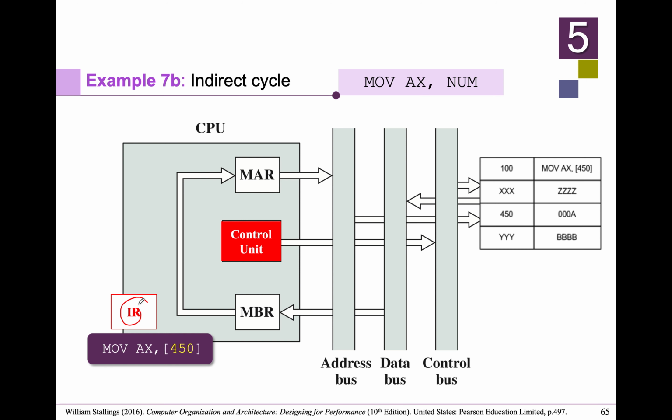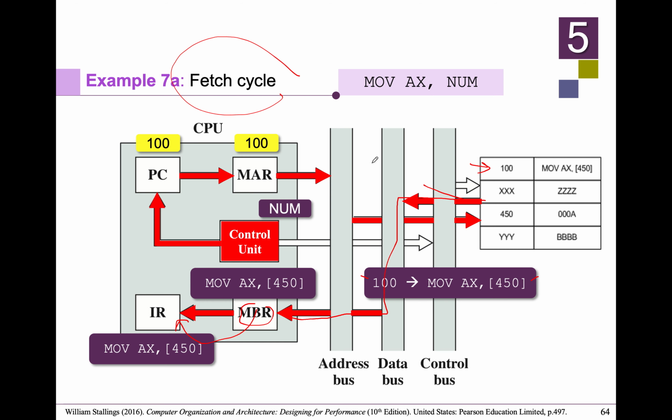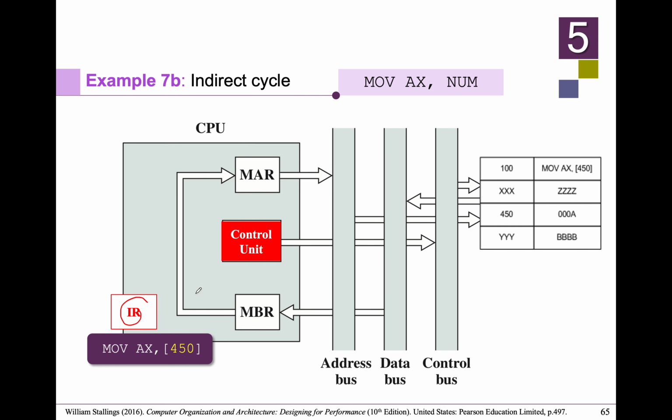Last time your IR, you can see previously your IR value is this, and you can see your MBR later on will be sent to your MAR, and you need to look into your MAR.